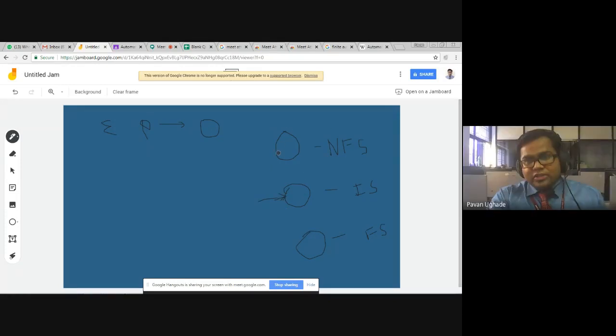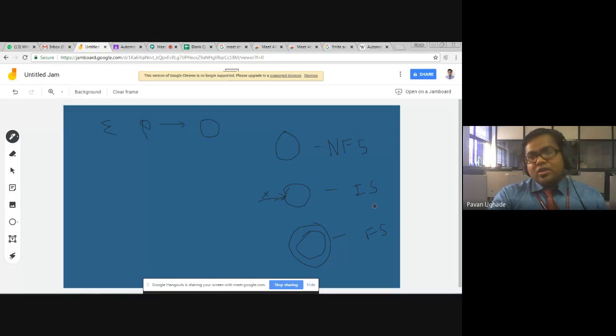For a non-final state there is no inward arrow. For the initial state it should have an inward arrow. There is no transition over this. For the final state, it is represented with the double circle. Non-final states are represented with a single circle.